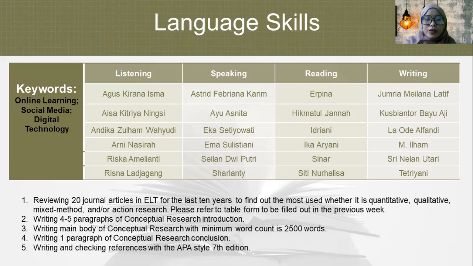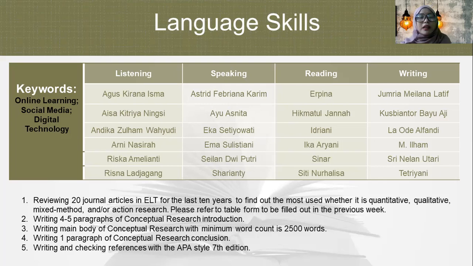This explanation I will explain more in the coming weeks. After you list the articles, there are some things you're going to list there: the references, the main problems, the research methods used, the important results, and the conclusions. And then you're going to transfer the information listed in the tables into paragraphs in a paper.